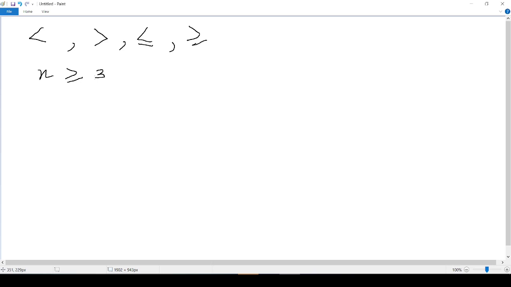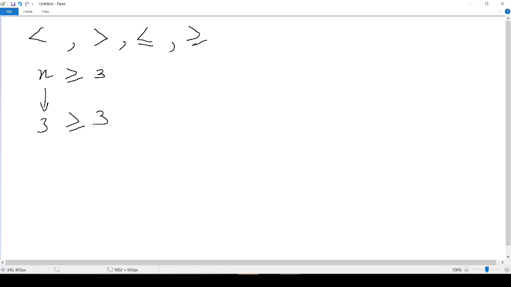Observing this inequality, we can say that 3 is a solution because we can replace x by the value 3 and we will have 3 greater or equal 3.